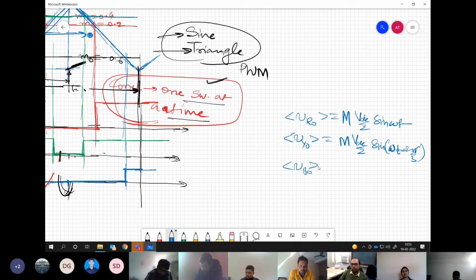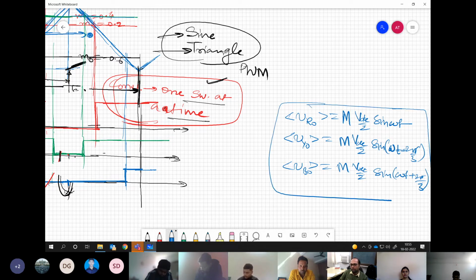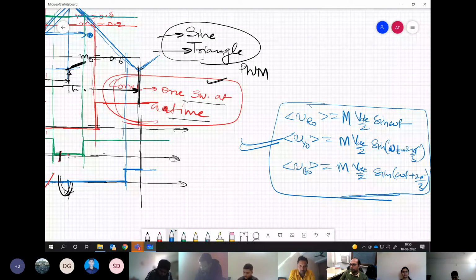And VBO given as M VDC by 2 sine (omega t plus 2 pi by 3). So we have balanced three-phase voltages generated from our system on an average basis.